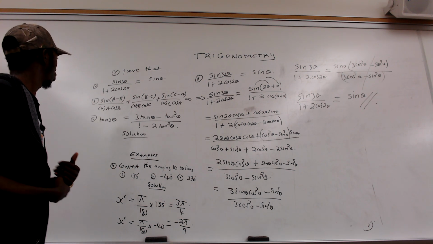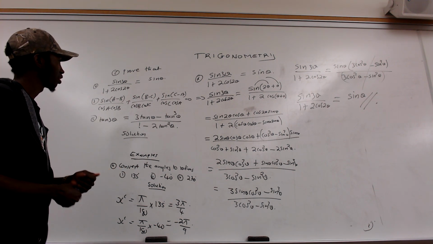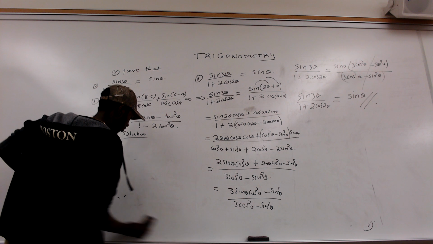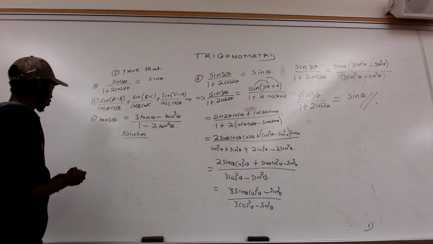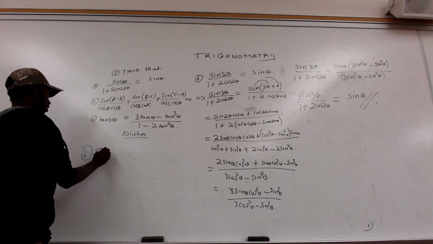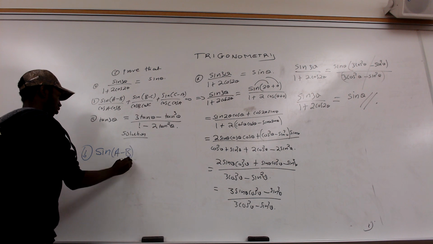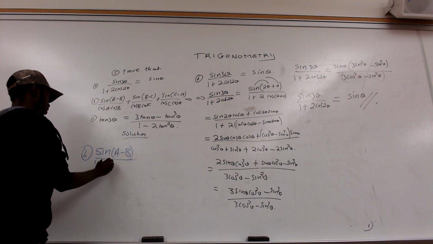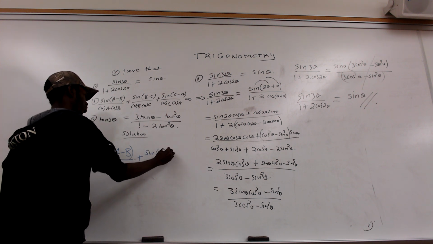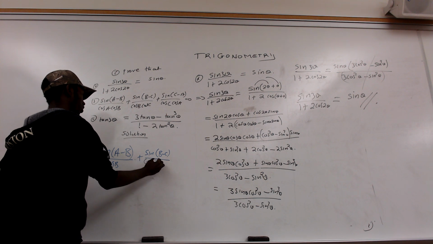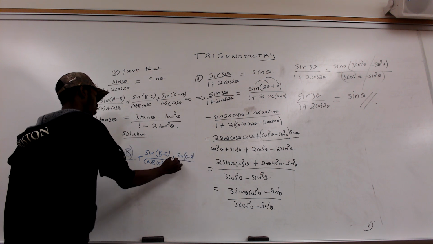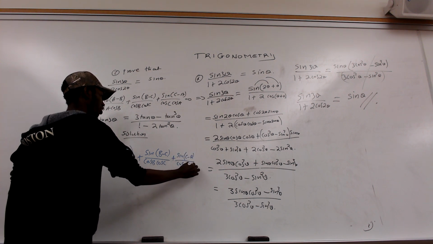Yeah. So having this, we have the first one. We can as well consider the second one. If we consider the B part, we have sine into A minus B divided by cos A cos B plus sine into B minus C divided by cos B cos C plus sine into C minus A divided by cos C cos A equals to 0.